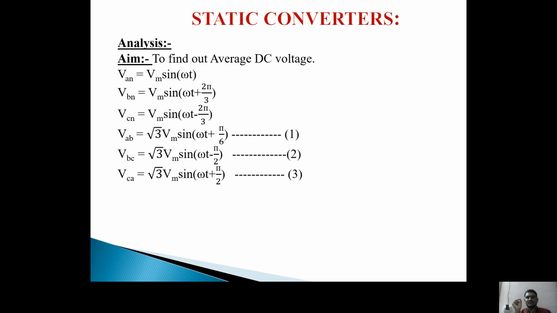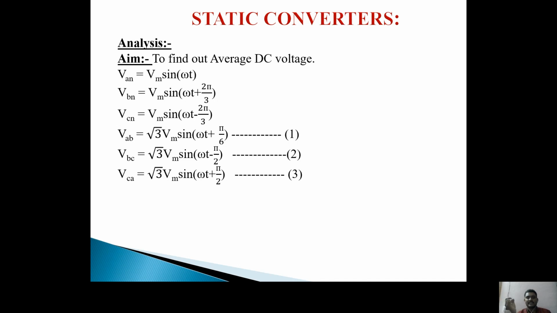VAN is equal to Vm sin omega t, VBN is equal to Vm sin of omega t plus 2 pi by 3, and VCN is equal to Vm sin of omega t minus 2 pi by 3.